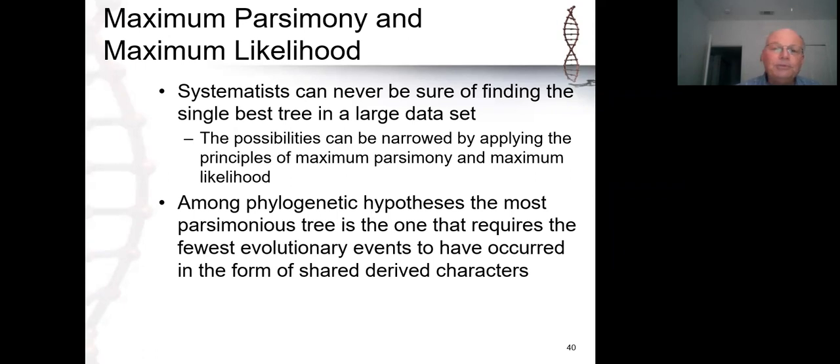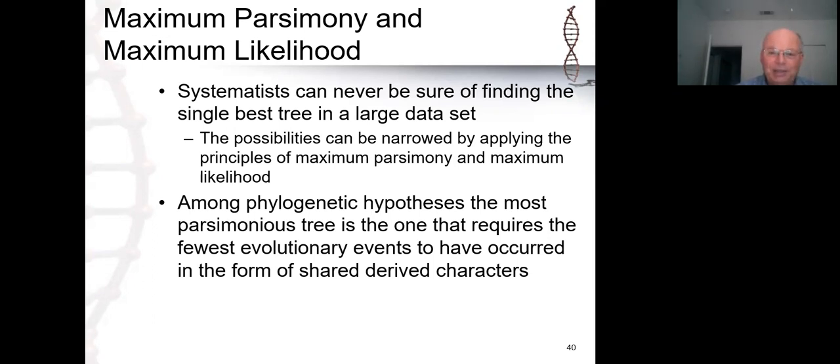But the two principles are known as maximum parsimony and maximum likelihood. Parsimony refers to the fact that the simplest explanation is almost always the best explanation. So if you've got a complex explanation of the phylogeny and you've got a simple explanation of the phylogeny, our experience tells us that the simple explanation is almost always the best explanation.